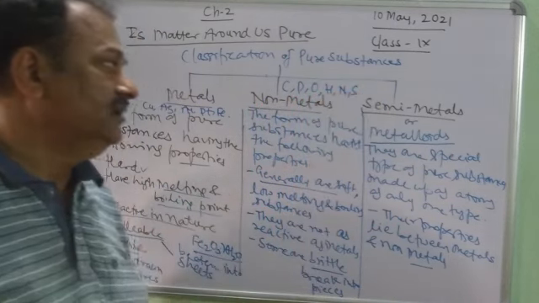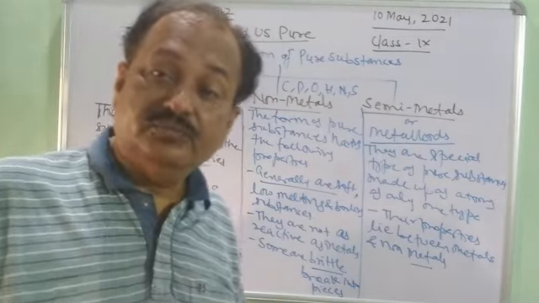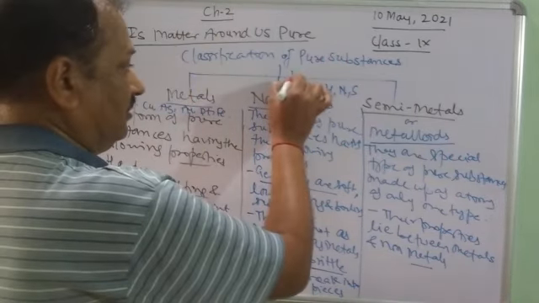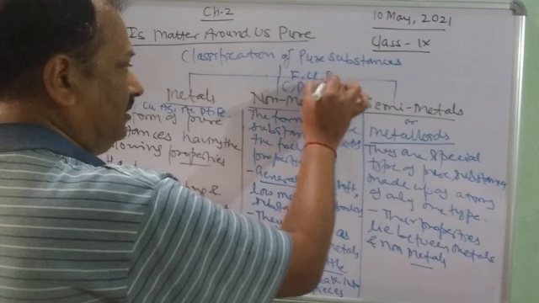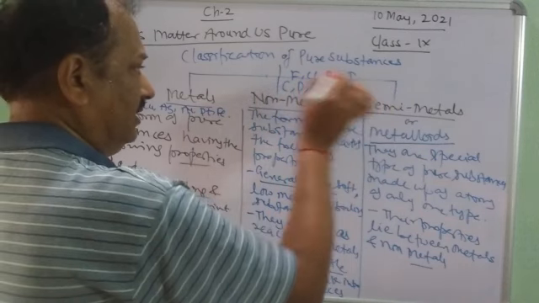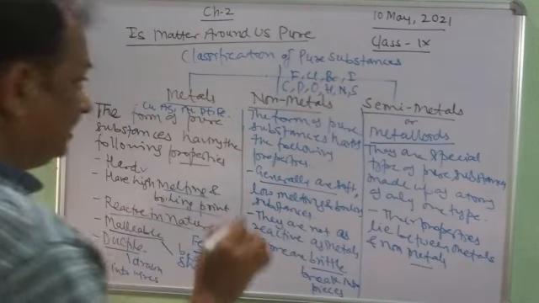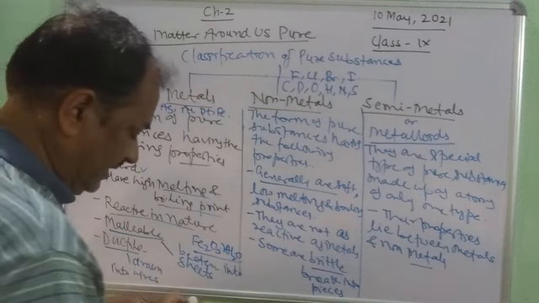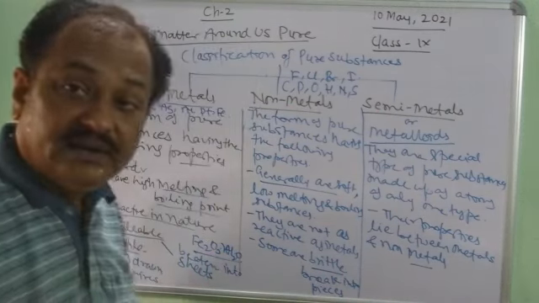They are countless. Fluorine, then chlorine, bromine, iodine. And children, here you can keep this bromine. Here I am using the color.